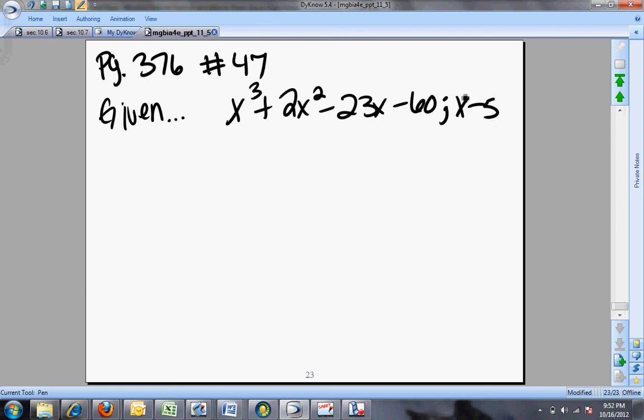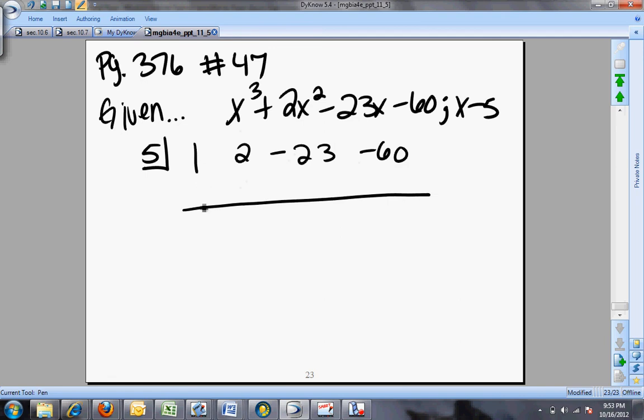I'm going to use synthetic division since I have a nice easy x minus 5, so I'm going to put 5 in here. Line up my coefficients, 1, 2, negative 23, and negative 60. Whenever I can save time, I like doing that. So I'm going to bring down my 1 and get started. 5 times 1 is 5.